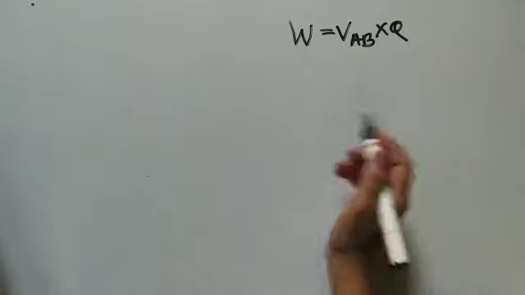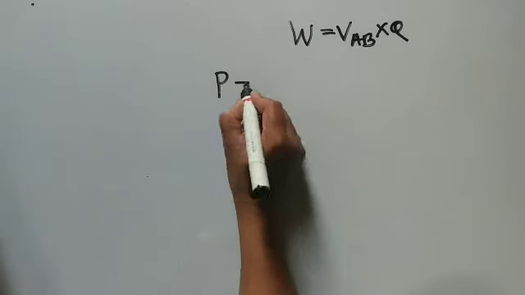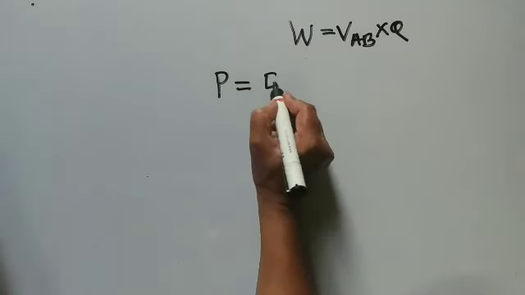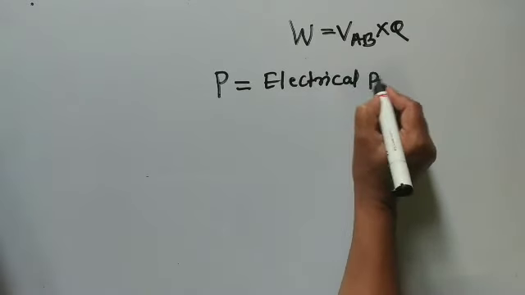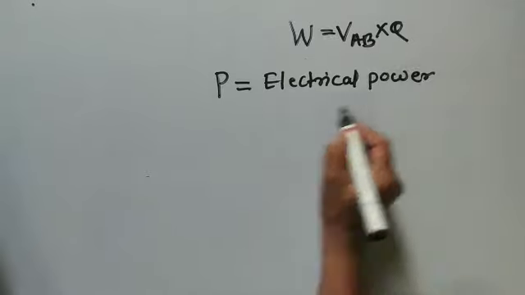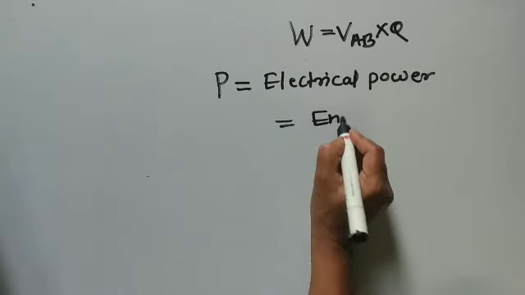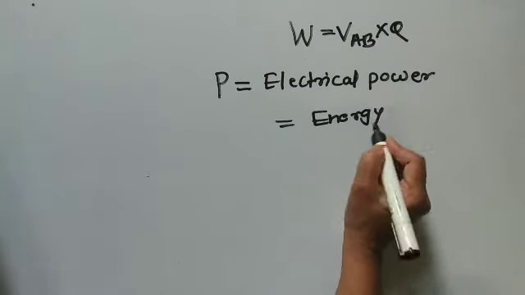Now next is power P, the electrical power. It is equal to energy divided by the time required.